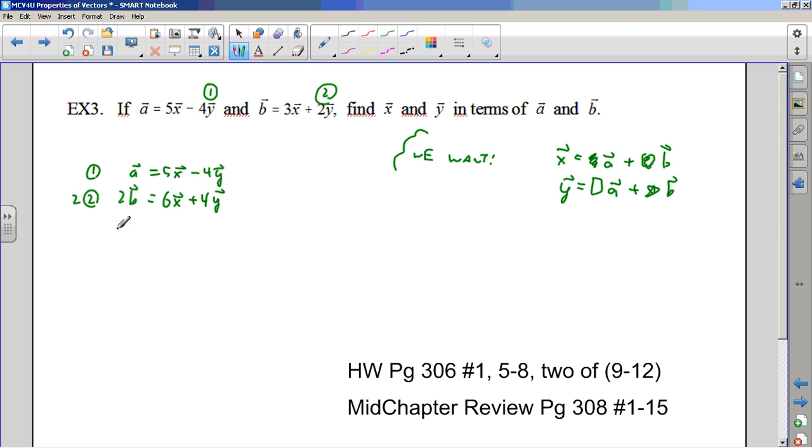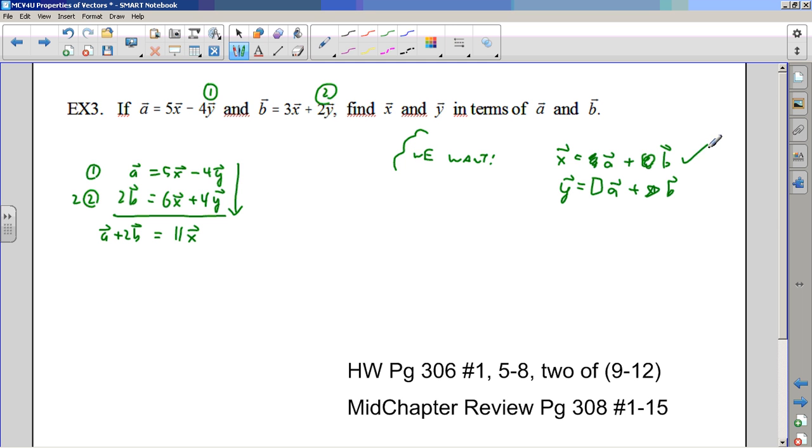See, now what I'm going to do, and this will feel familiar, this should feel like 2 equations, 2 unknowns. This is essentially elimination. I'm going to eliminate the y from this set of equations. On the right-hand side, I'm going to have 5x and 6x, which is 11x. On the left-hand side, I have my expression. No y.